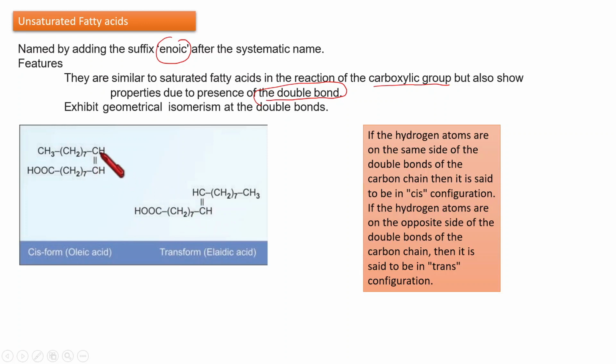In this structure, the hydrogens attached to the carbons bonded by the double bond are both on the same side, so that's why it's cis. And here the hydrogens are on opposite sides, so that's why it's trans. That's about geometrical isomerism. So unsaturated fatty acids also show geometrical isomerism. It's mentioned here in this box.